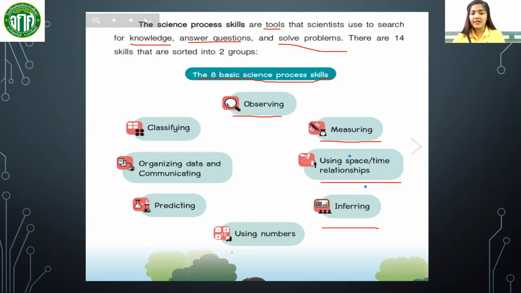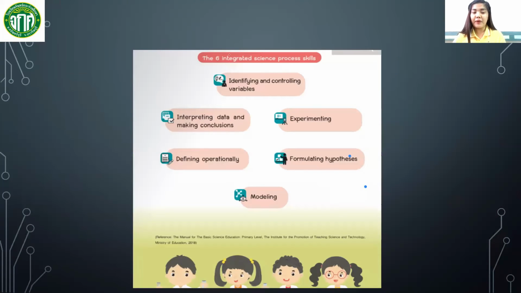The fifth one is using numbers. Sixth is predicting. Number 7, organizing data and communicating. And the last one is classifying. Right, so those are the 8 basic science process skills. So let's move on to the second group. Okay, so we are finished with the 8 basic science process skills already.